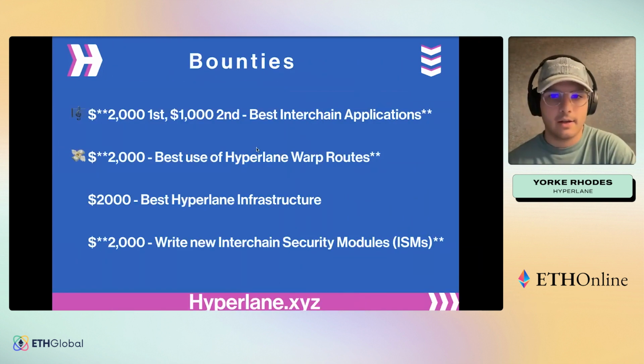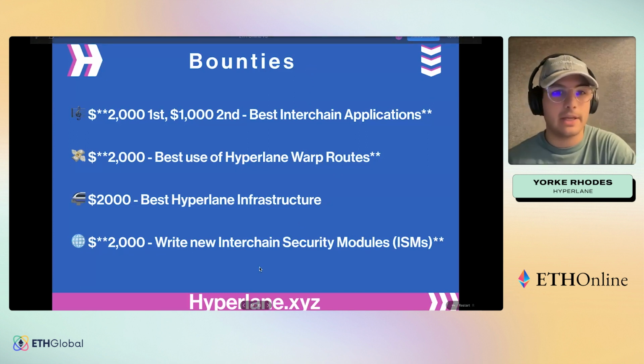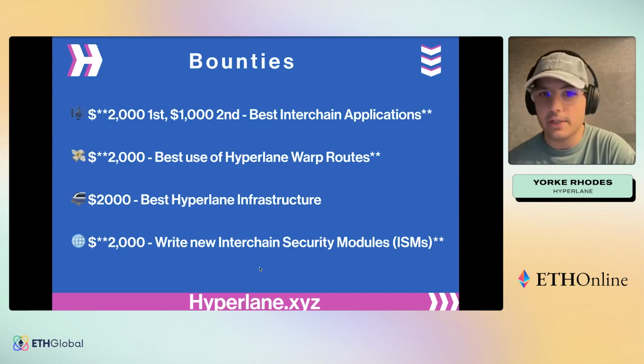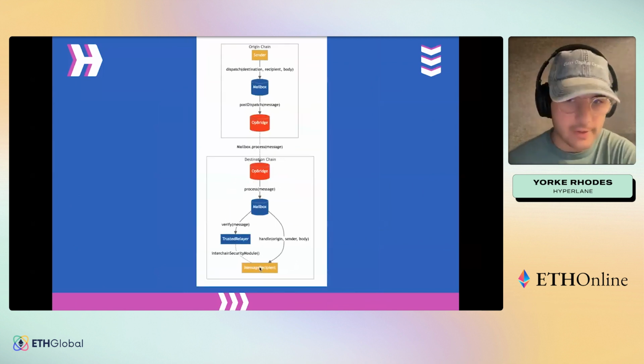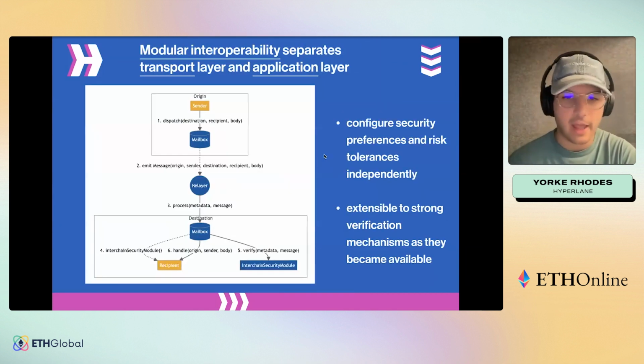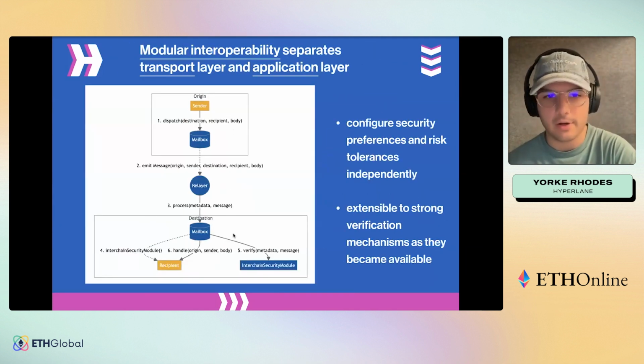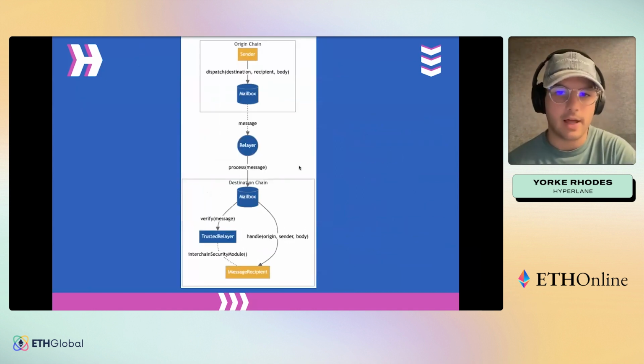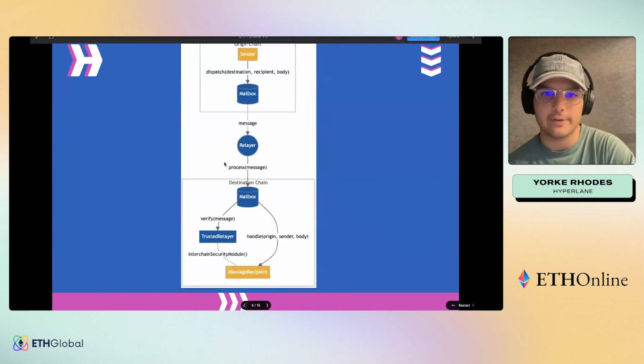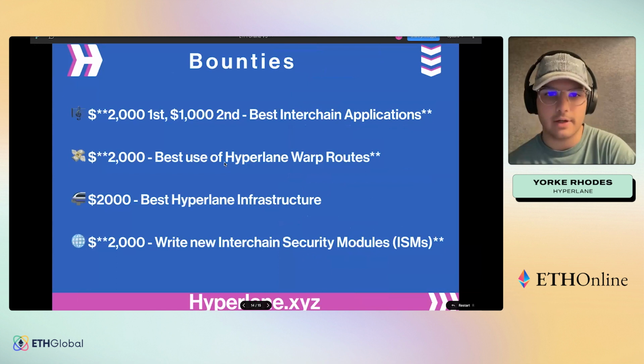So that's the last bounty here: write a new interchain security module. That could be a new ZK light client of another chain if you're really into ZK, or some other light client mechanism. There's a lot of possibilities there that I could give more details on if people are curious.